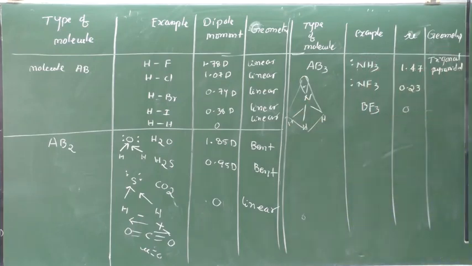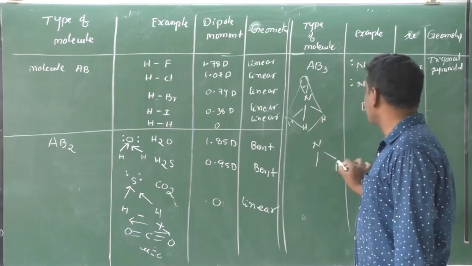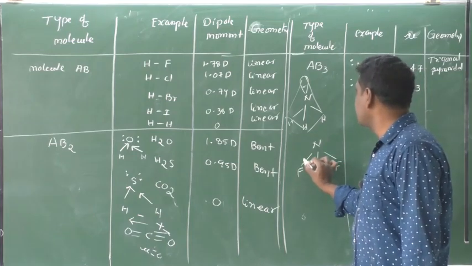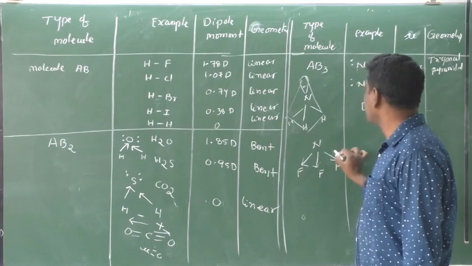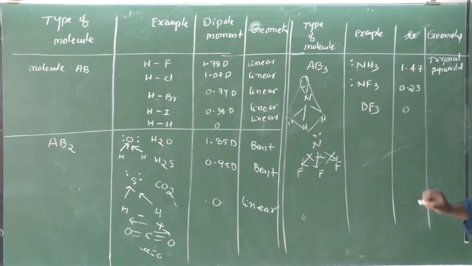In case of NF3, the shape is also the same, but the dipole is in the opposite direction. Whatever it may be, the sum of dipole moments is a vector quantity, so there is a dipole moment for NF3 and NH3.